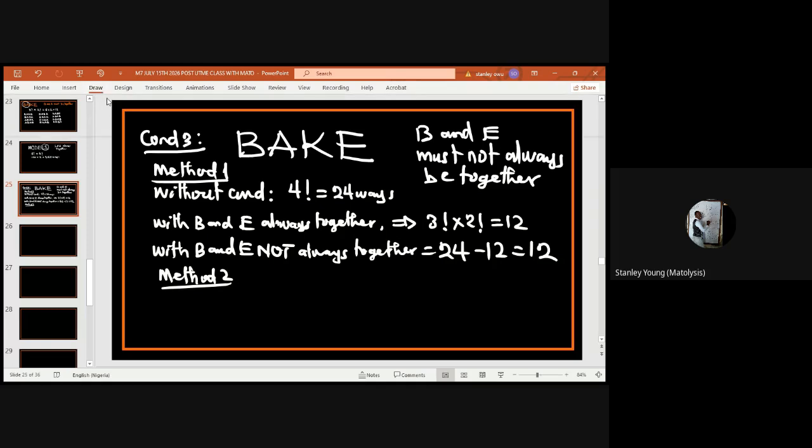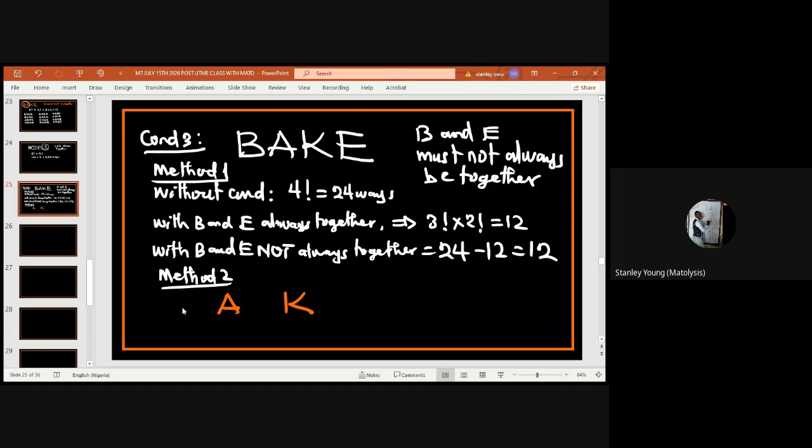If somebody asks you to arrange the letters in the word bake with B and E not always together, the first thing I want to do is arrange every other thing. If B and E must not always be together, I'll first arrange A and K. Are you with me?